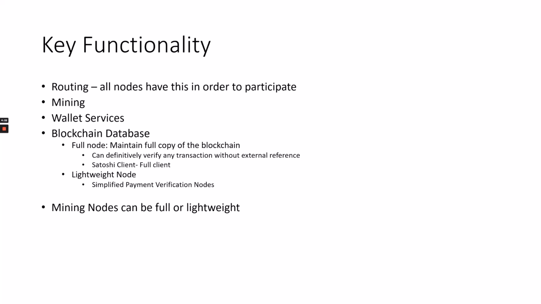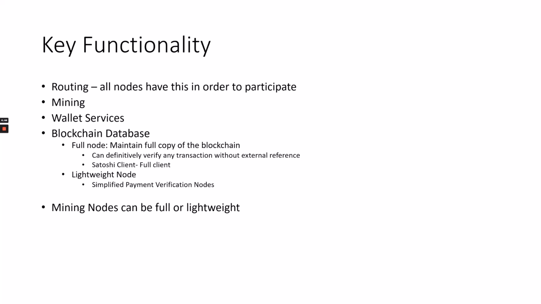So what the Bitcoin network allows us to do, and what other similar blockchains would allow us to do, is to enable a method in which not everyone has to store the entire blockchain. So when you have full nodes, which by definition maintain a full copy of the blockchain, this gives you certain privileges.